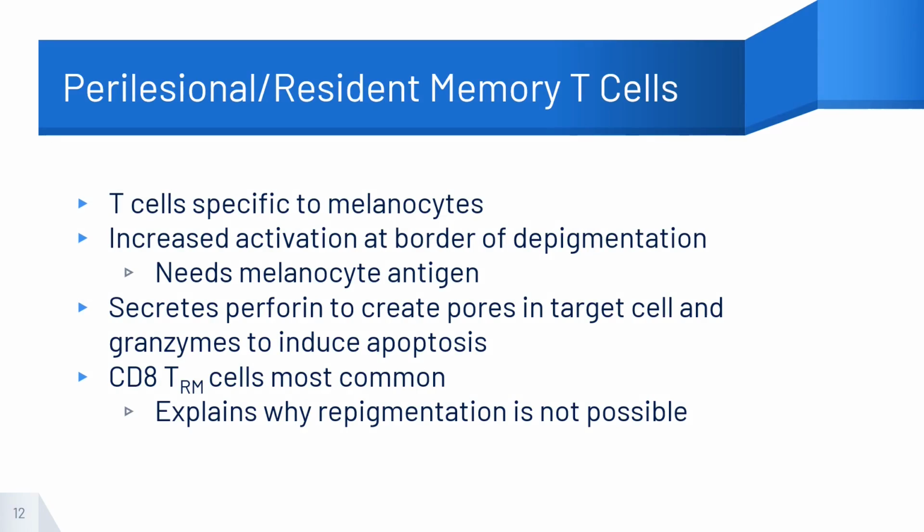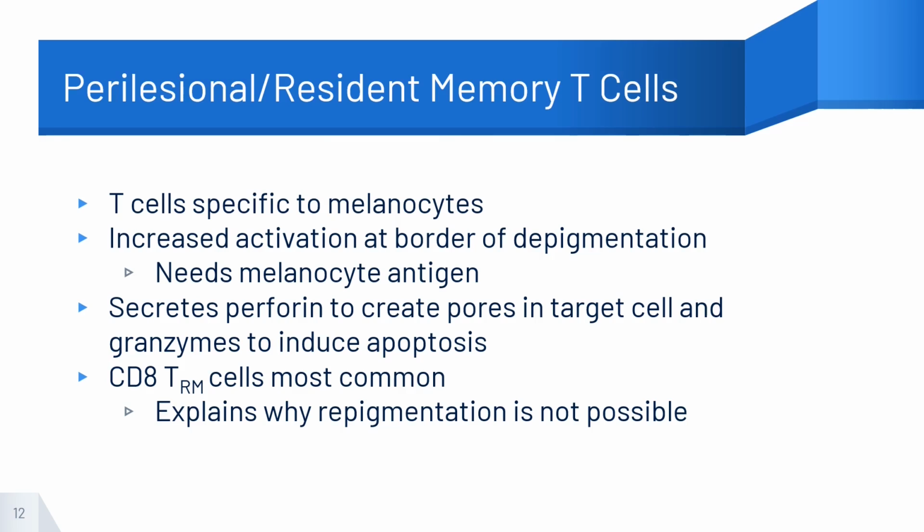So now let's take a closer look at the T cells that are surrounding the depigmentation portions of vitiligo. There are found to be T cells that are specific for the melanocytes, and these are going to have an increased activation near the border, or the perilesional region, of the depigmentation.